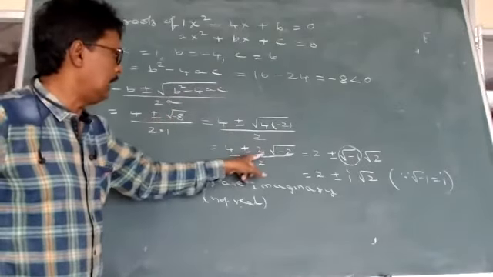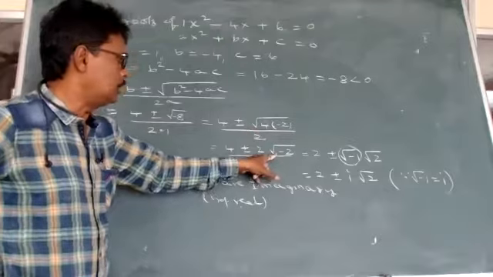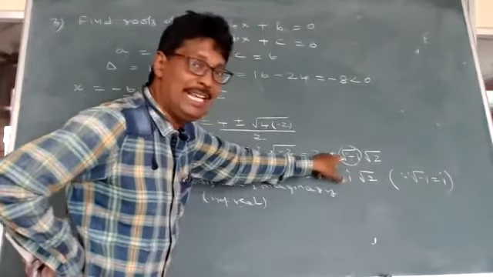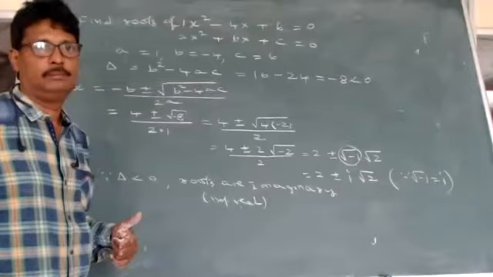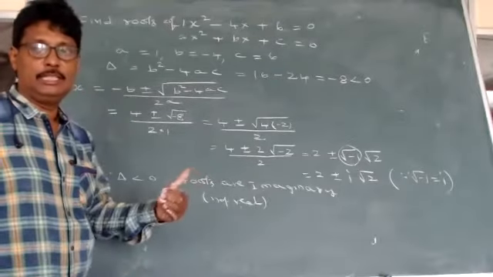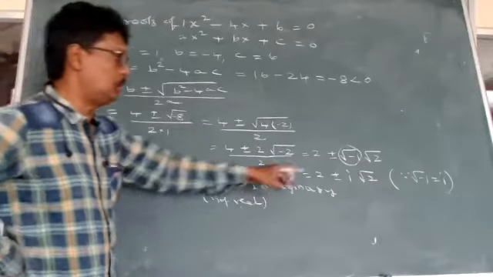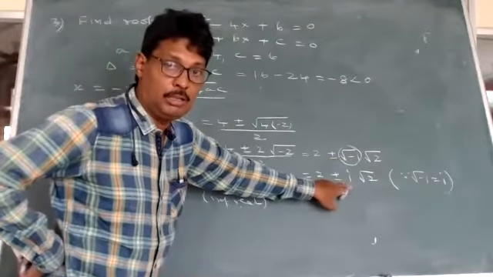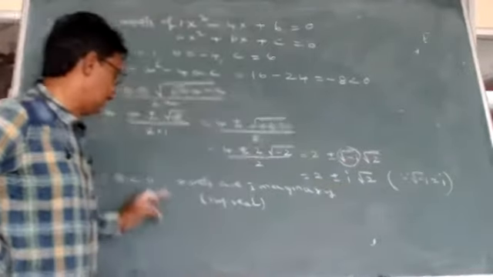Here 4 plus or minus 2 into root minus 2. Here root minus 1 is i. Here i is called the imaginary number. If we get square roots, the values are called real square roots. If there is a negative under the root, those values are called imaginary values.